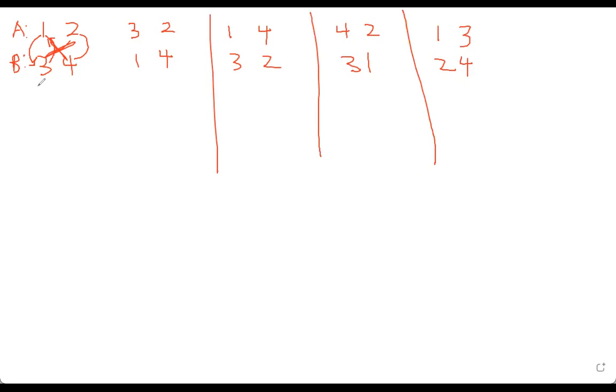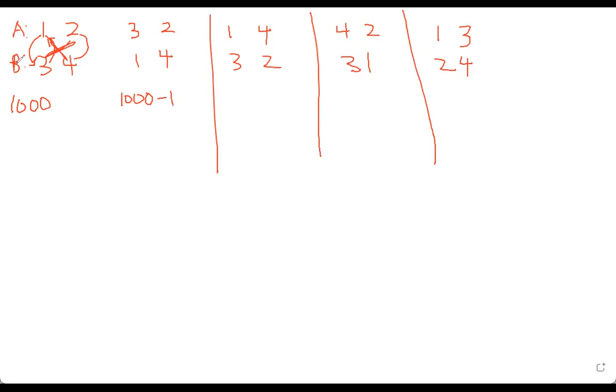So each barn starts with 1,000, and we want to find what's in barn A. So we know that it starts with 1,000. And in this one, we swapped 1 and 3. So when the bucket of size 1 left to barn B, you can subtract 1 from the total amount of gallons.